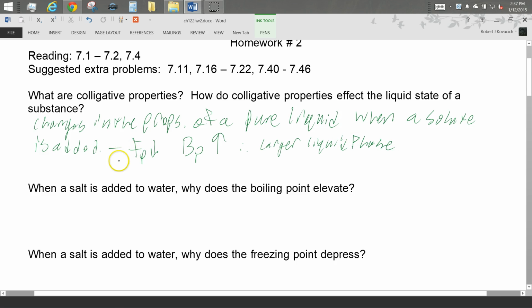And what else can be affected? Osmotic pressure. You can get flow in and out of a membrane based off of solute additions. If you drop a red blood cell into deionized water, what does the red blood cell do?